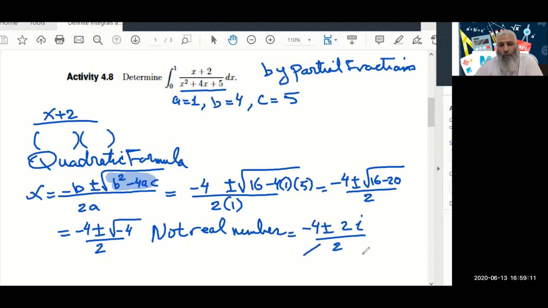So we have two solutions, minus 2 plus 1i and minus 2 minus 1i, because we divide by 2. I don't know, can we work with this? X squared plus 4x plus 5.